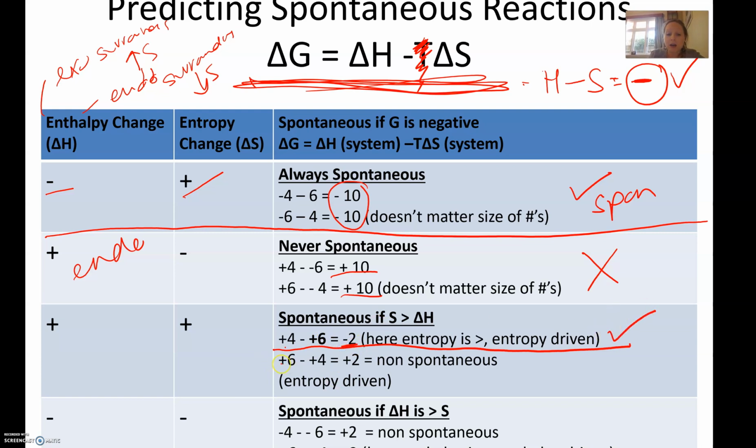If we flipped them round and made the enthalpy the larger value, you can see +6 minus +4 equals +2, and it's not possible. So the only way to get a spontaneous reaction if both enthalpy and entropy are positive is if the entropy is bigger. And we would say in this instance that the reaction was entropy driven because entropy is having the bigger effect.